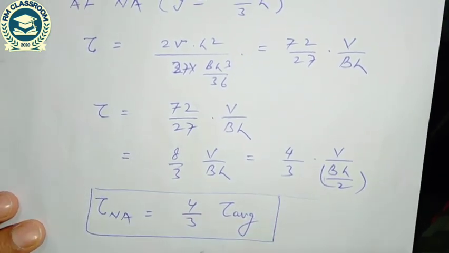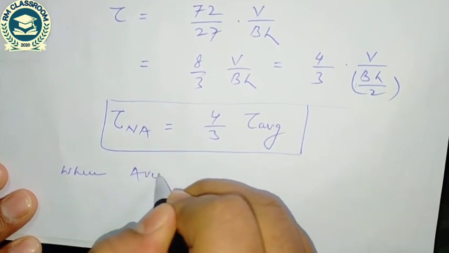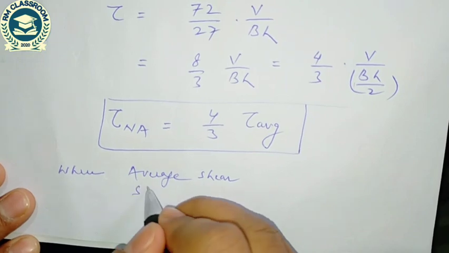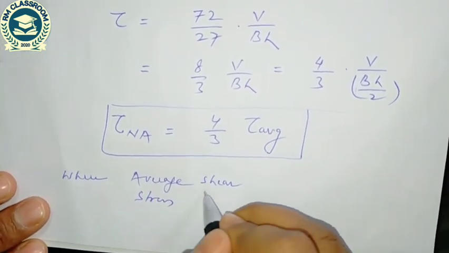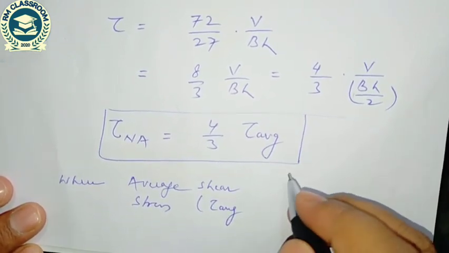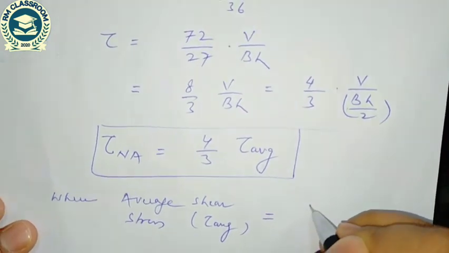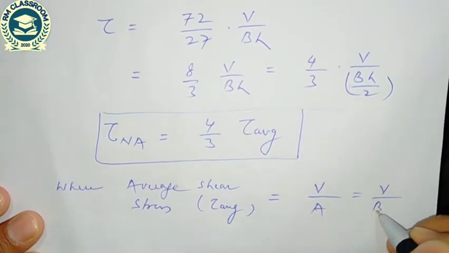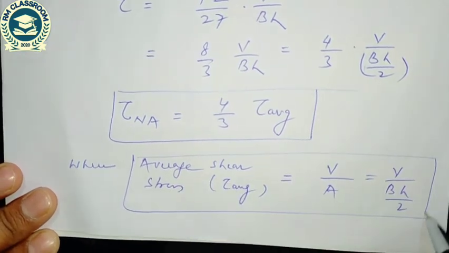Where the average shear stress is tau average, which is V upon area, V upon bh by 2.